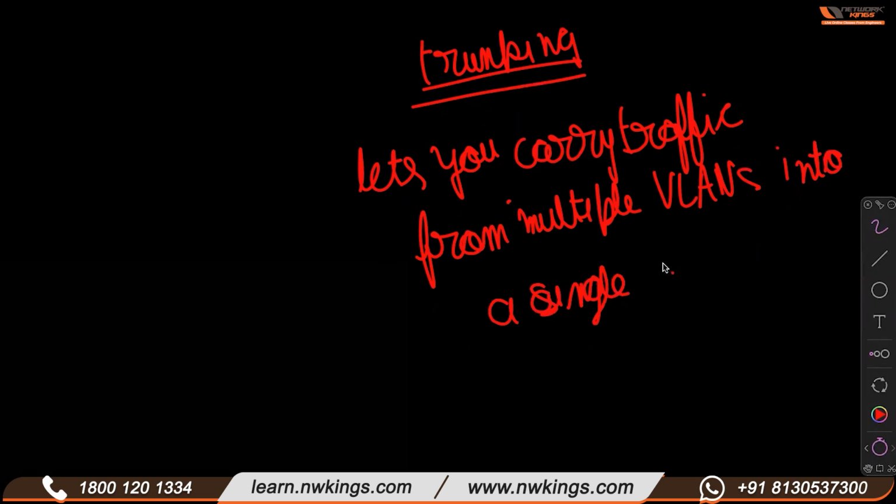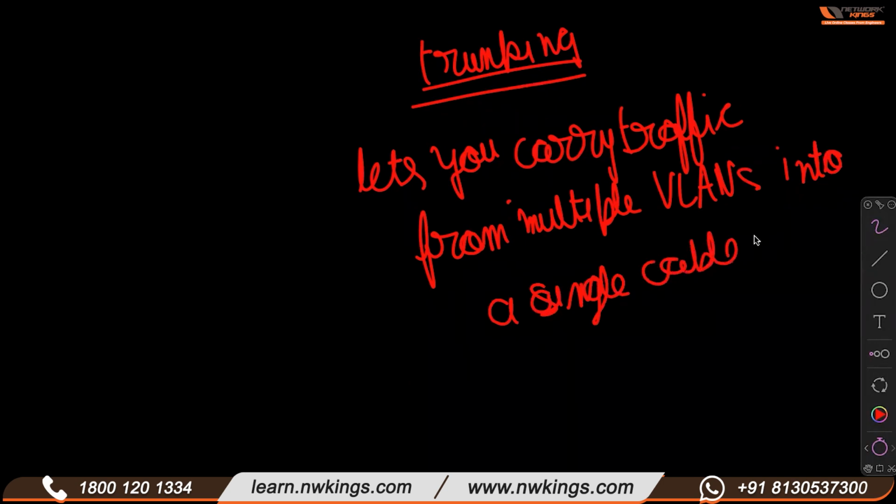That is what Renu just said, and that's absolutely right. Trunking lets you carry traffic from multiple VLANs, no matter how many there are. Could be 10, could be 20, could be 30, could be any number of VLANs up to 4096. You can carry the traffic in a single cable.